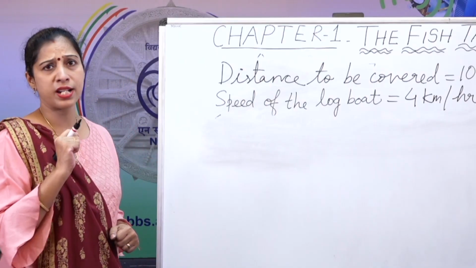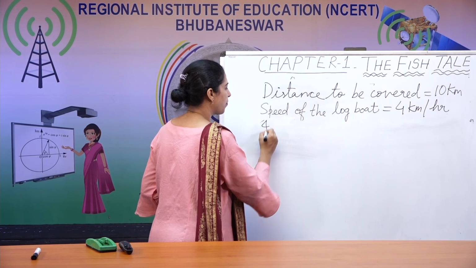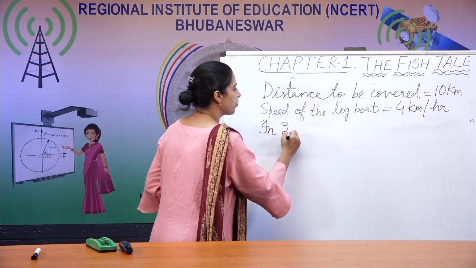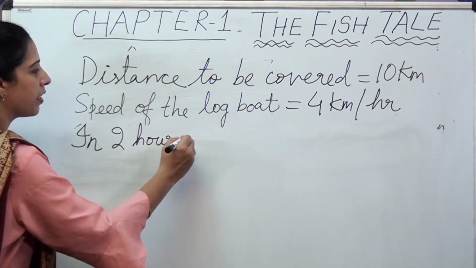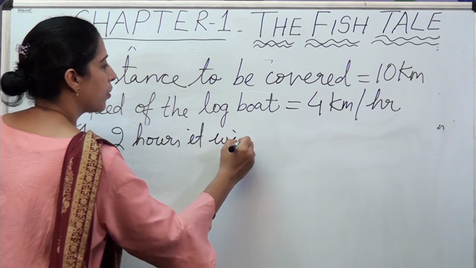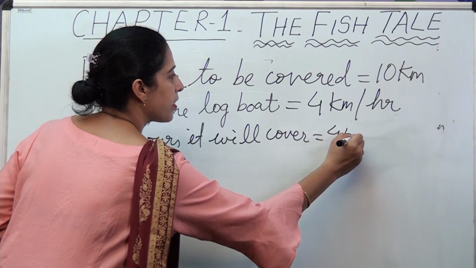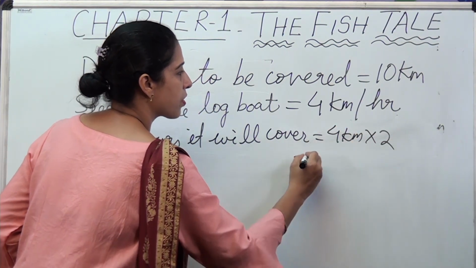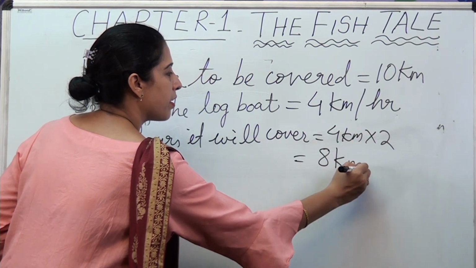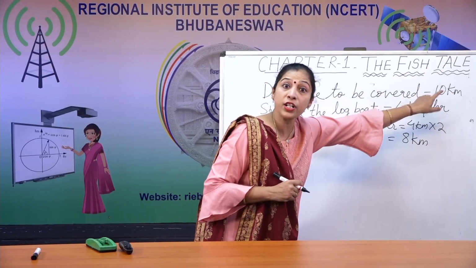So in 2 hours, how much distance can the log boat cover? In 2 hours, it will cover 4 kilometers into 2, which is equal to 8 kilometers. So we need to go 10 kilometers.